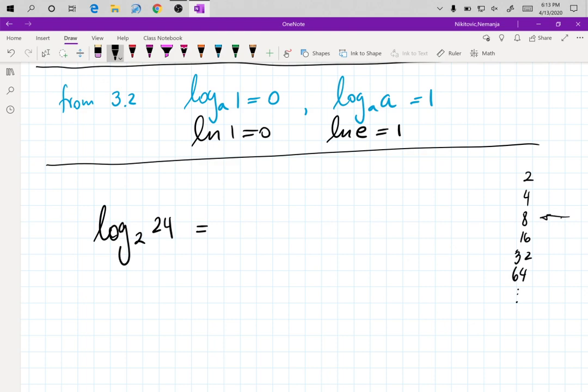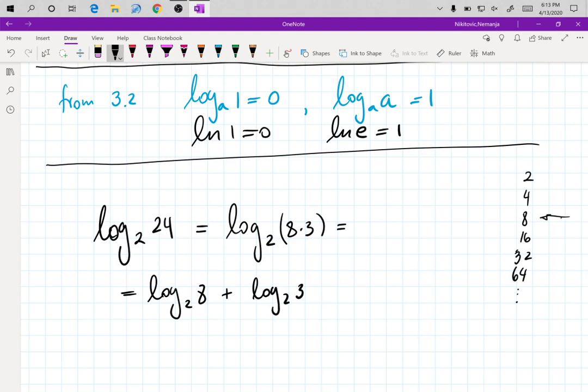And obviously that's 8. So I can write this as log 2 of 8 times 3. And now, when I rewrite this, I get log 2 of 8 plus log 2 of 3. So I hope you see that I used property number 1 to break the multiplication in the argument into a sum of 2 logs.